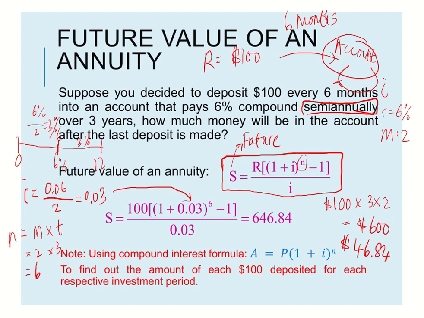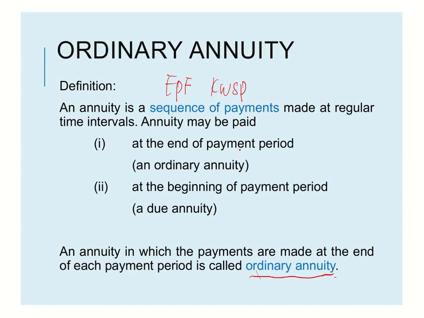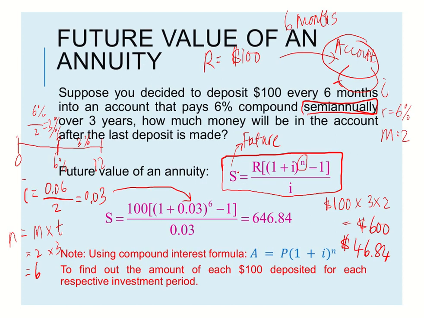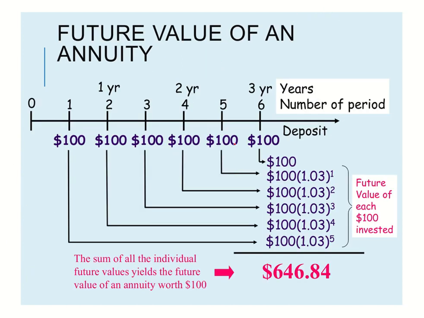Okay, so let's see what happened. This is the payment, 6 payments you pay into the account. Now the first 6 months, we have 6 months here.